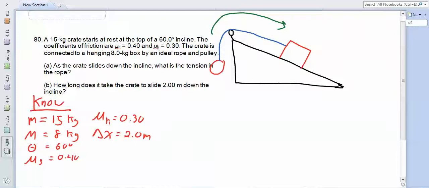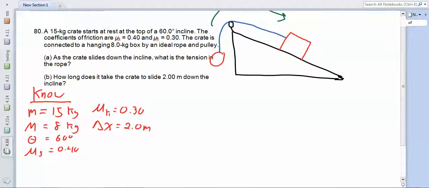while the other one is hanging. So I've made a list of what I was told in the problem. The hanging mass is going to be labeled by a symbol capital M, and the sliding mass is going to be labeled by a symbol little m, and the plane angle is going to be an angle of theta.